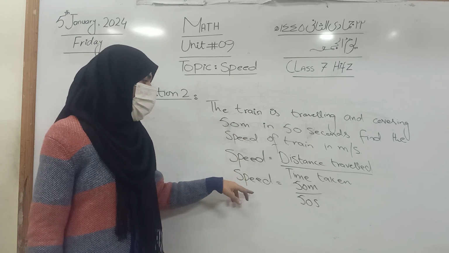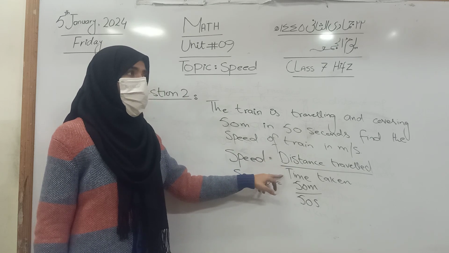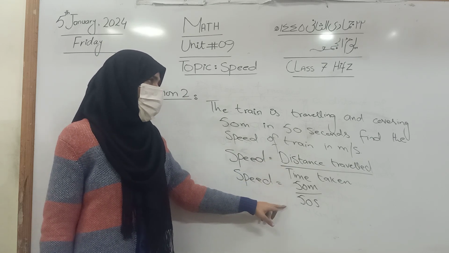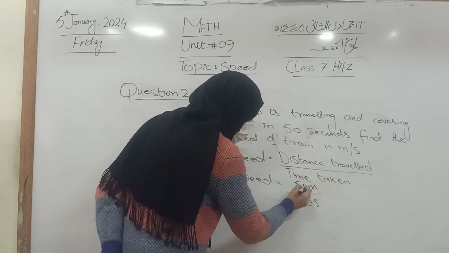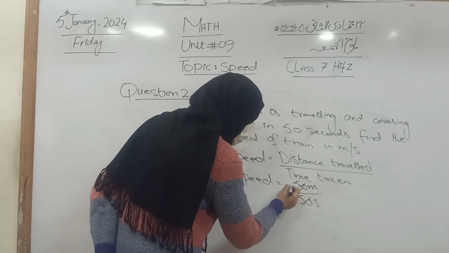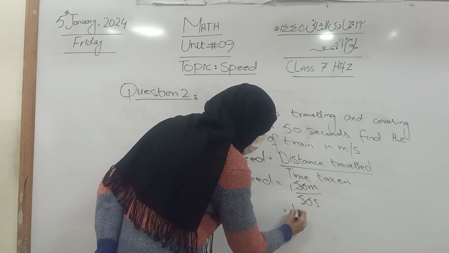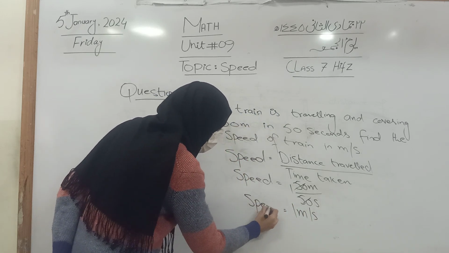So we will calculate the speed by putting the values in the formula, distance traveled divided by time taken. Then it will be equal to 50 meters divided by 50 seconds. Now you know that 50 will be cancelled by 50, one time. Then your answer will be 1 meter per second. What does it mean?